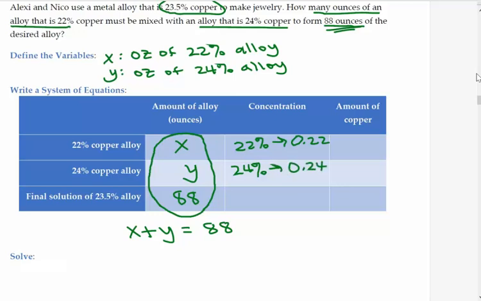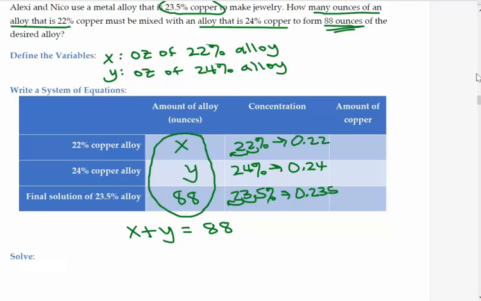The 23.5% is going to be 0.235. Remember, when I'm changing from a percent to a decimal, I'm just moving that decimal point two places back on all of those.